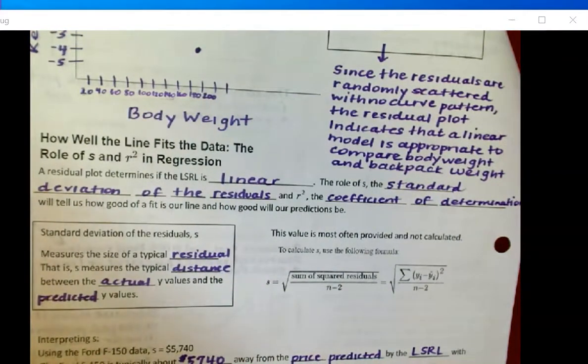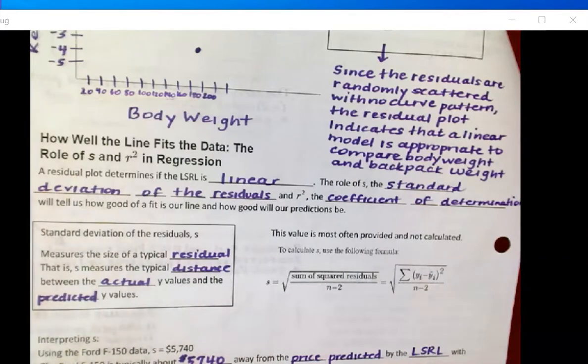So anytime you see S, it's the standard deviation of the residuals. Think about that. You've got your residual values and you're finding the standard deviation. And R squared is called the coefficient of determination, and it tells us how good a fit our line is and how good our prediction will be. So we're going to talk about those two things, standard deviation of the residuals and R squared.